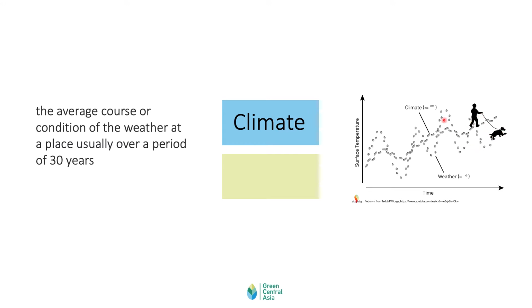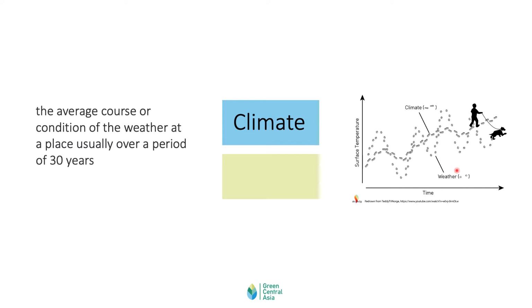But your dog is going to move around randomly around your trend, because you're controlling the movement of your dog, so he cannot go far away from your trend. So this trend, this direction, this pathway over a larger time is called climate, and the fluctuations around this trend are called weather.